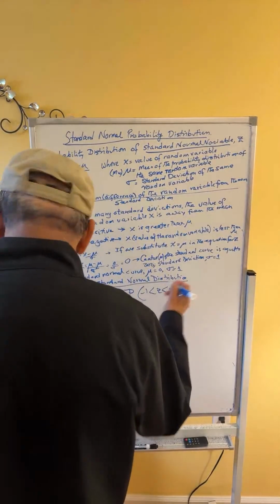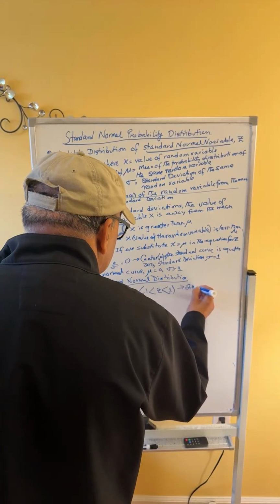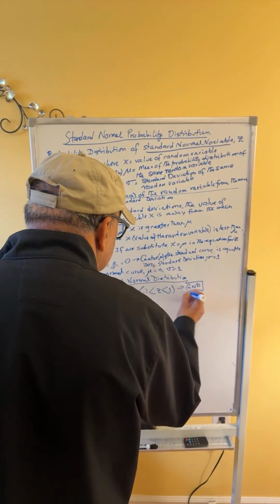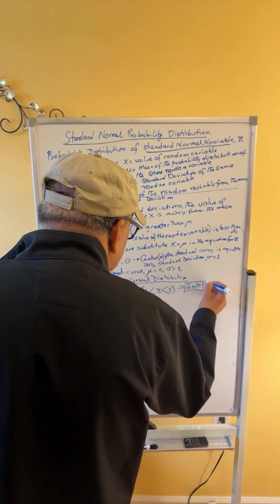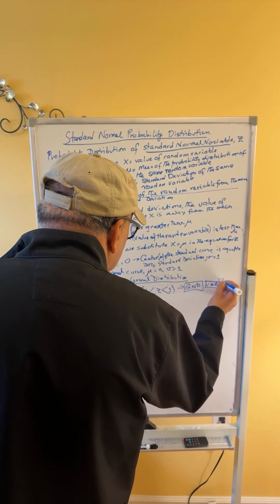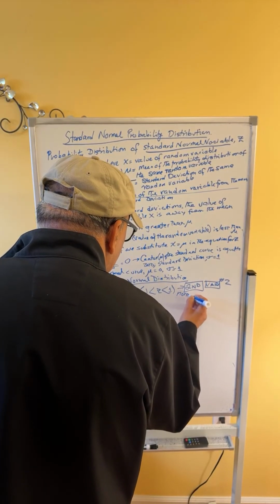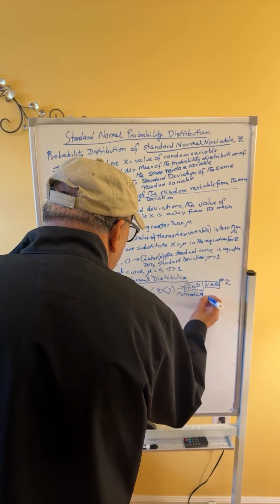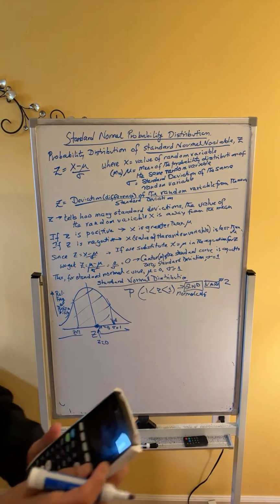We use our calculator. We are going to use the TI-84 calculator. I will show you how to do the calculation, but we will press 2nd, VARS, and then number 2, which is normalcdf.